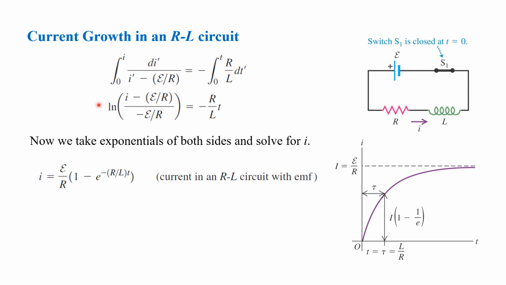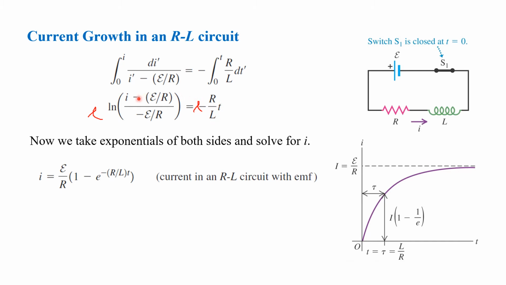And if we take the exponentials of both sides, that is, take e to both sides, what will happen with this side is you will just be left with (i minus epsilon over R) over negative epsilon over R. And on the right-hand side, you have e to the minus R over L times t.